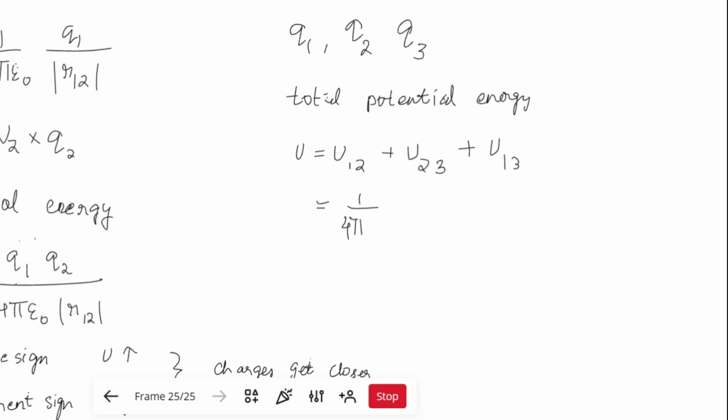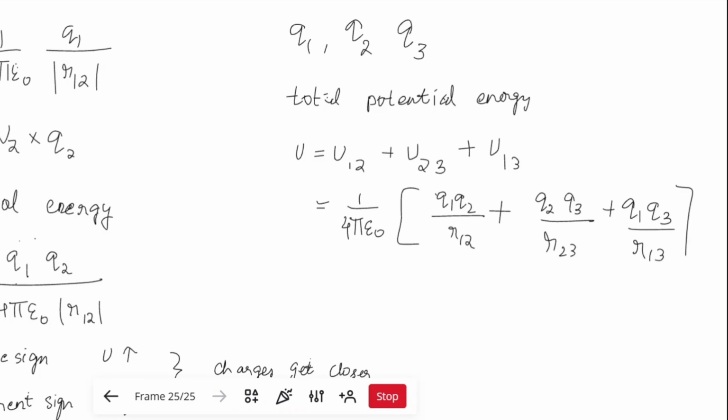Taking 1 by 4 pi epsilon naught common, we get Q1 Q2 by R12 plus Q2 Q3 by R23 and Q1 Q3 by R13.